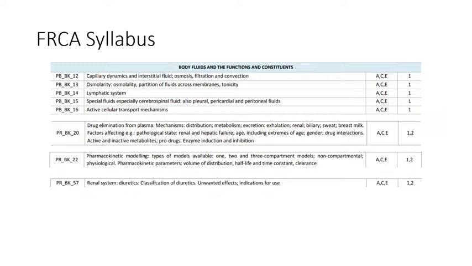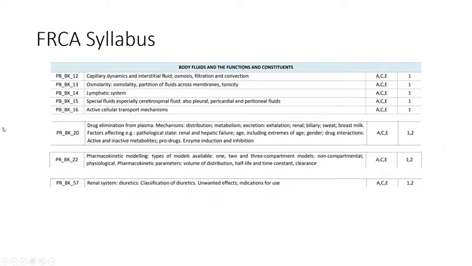So this is a slide from the FRCA syllabus. When you start looking at renal physiology, there's a big emphasis on fluids and osmolarity. There's an element of drug metabolism and elimination, pharmacokinetics, and I think that's a separate talk in itself.